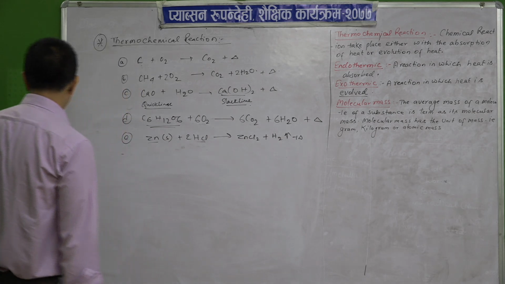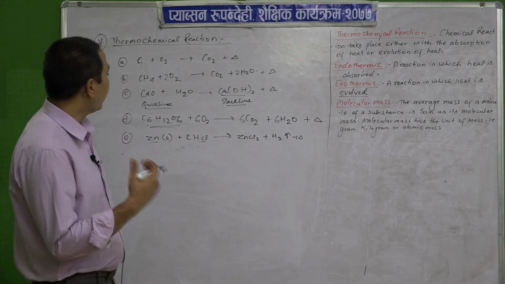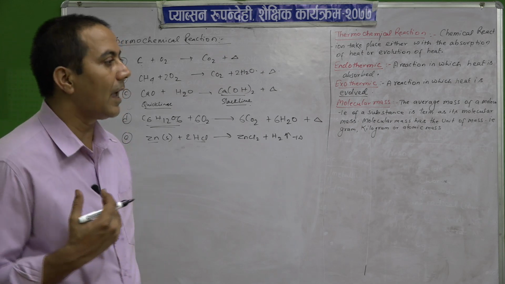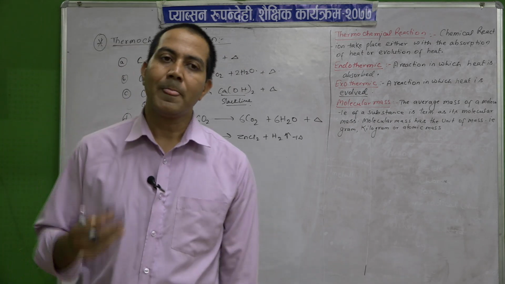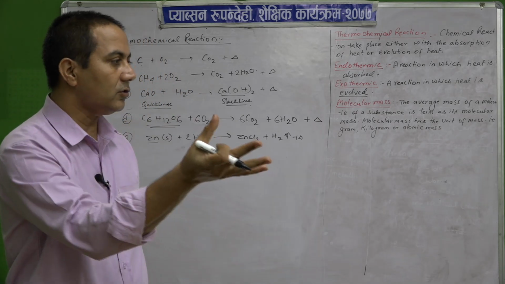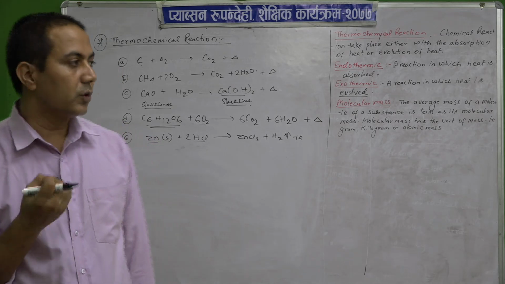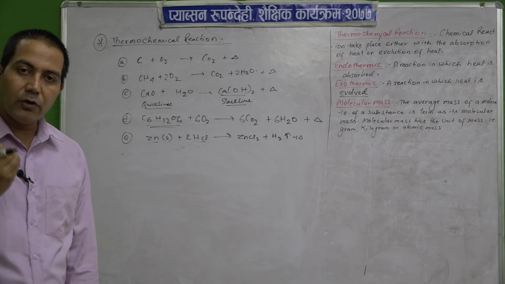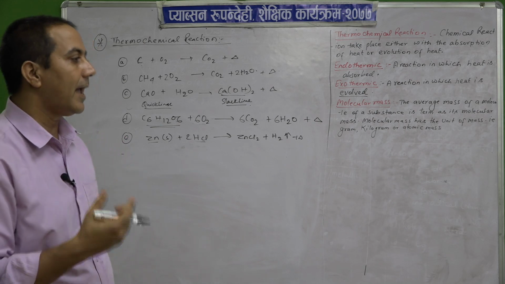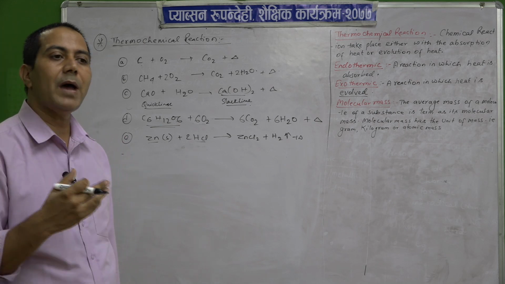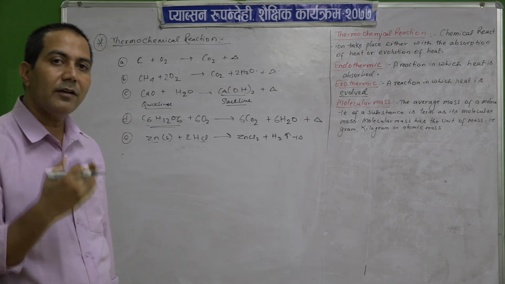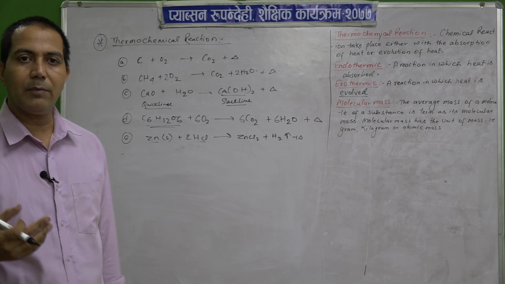In this way, the thermochemical reactions take place. In chemical reactions, heat is either released or absorbed. So the absorption of heat or the release of heat takes place, by which it provides energy for the chemical reactions, or it means the energy released due to the chemical reaction.